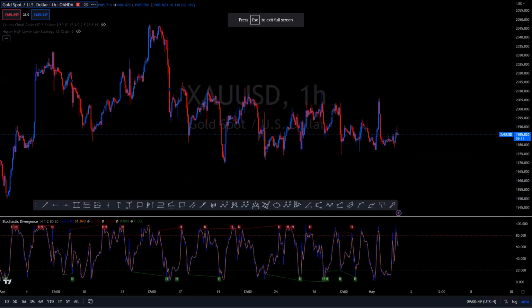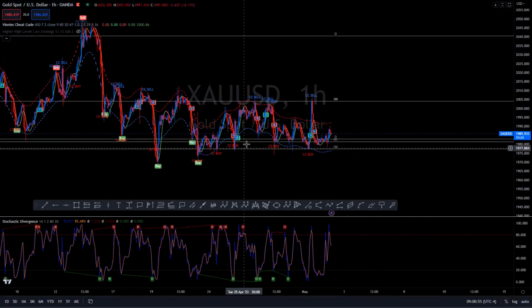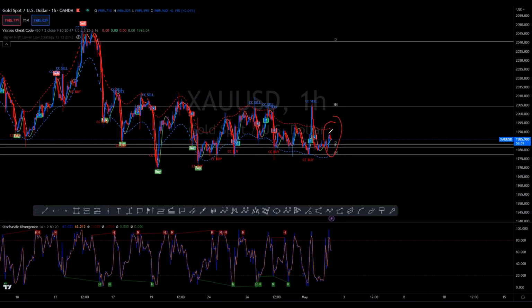When we look at the 1 hour time frame here, we can see that price is in between the Bollinger Bands. Price hasn't stepped out on any of these Bollinger Bands yet, so that's okay.